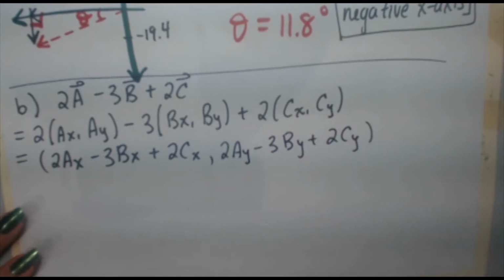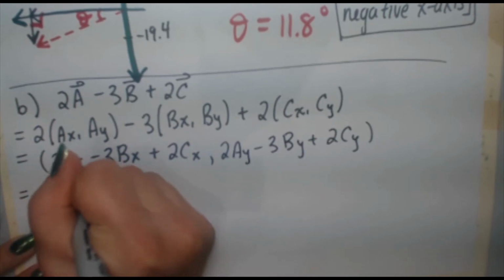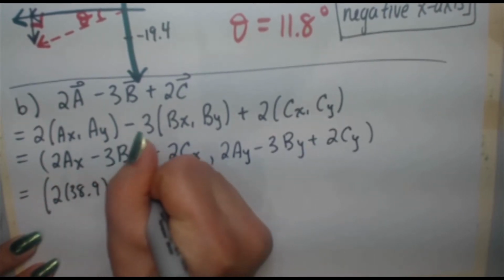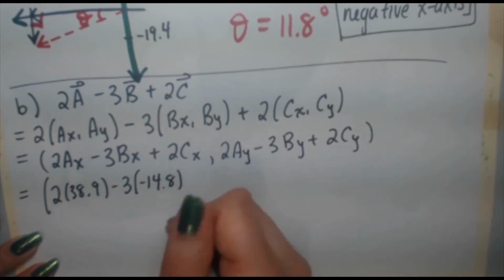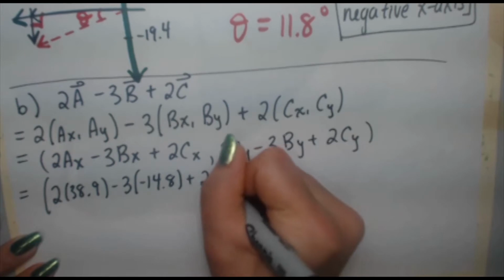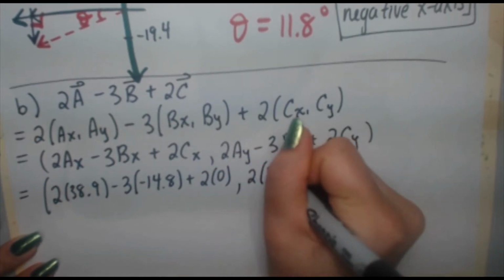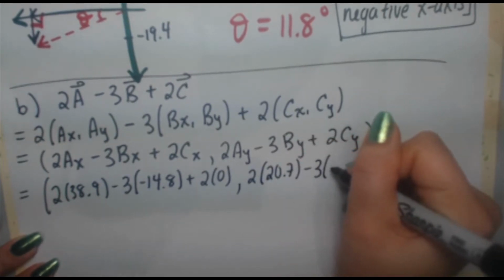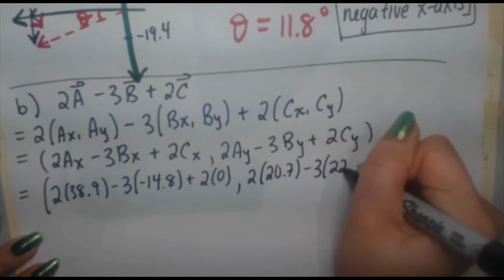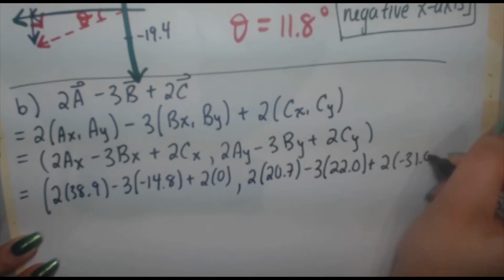Okay, so far so good. All we have to do at this point is plug in our numbers. So, plugging them in, 2 times ax, which is 38.9, minus 3 times bx, bx is negative 14.8. Be careful with those negative signs. Plus 2 times cx, cx is 0, comma, 2 times ay, 20.7, minus 3 times by, which is 22.0, and plus 2 times cy, which is negative 31.0.